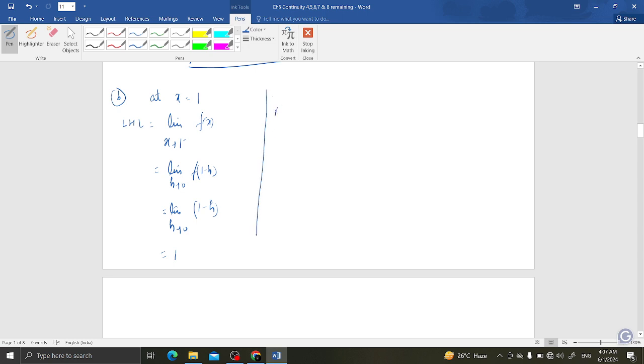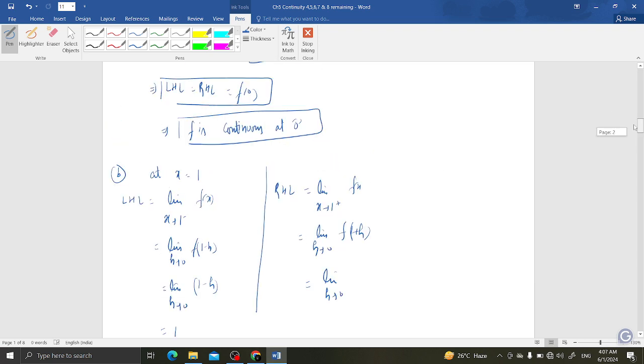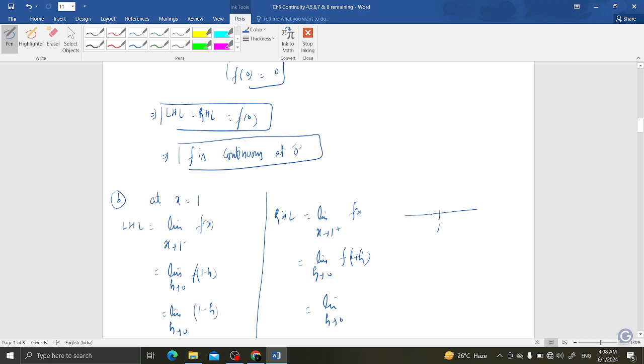Now we have RHL. What is RHL? Limit x tends to 1 positive, f of x, limit h tends to 0, f of 1 plus h. And it will lie in the second branch. Because 1 is here, 1 minus h is before the 1 and 1 plus h is after the 1, strictly greater than.